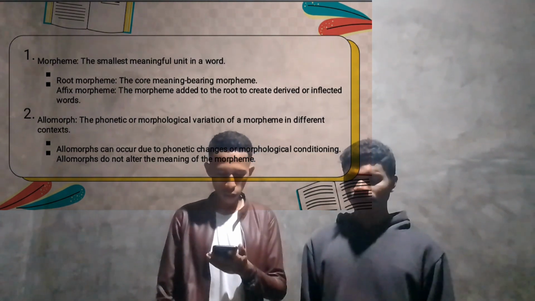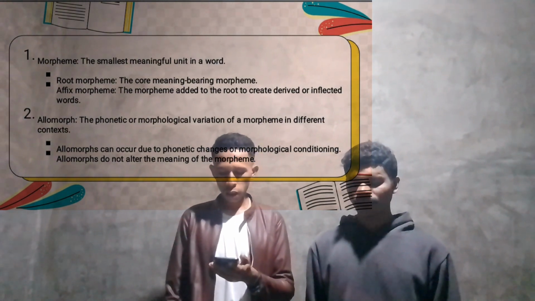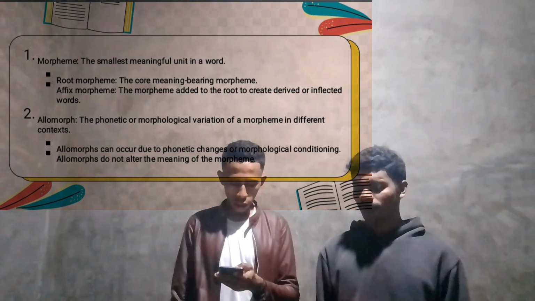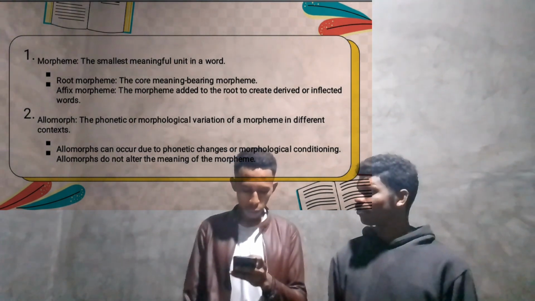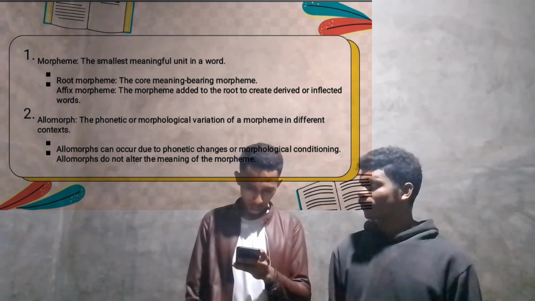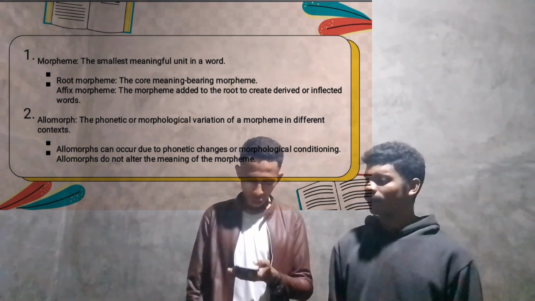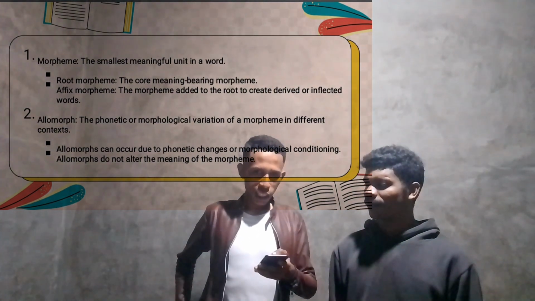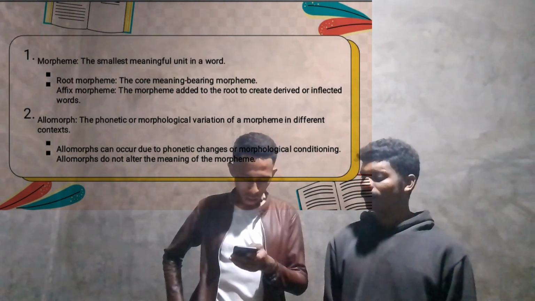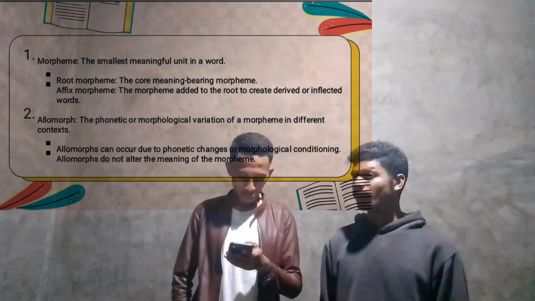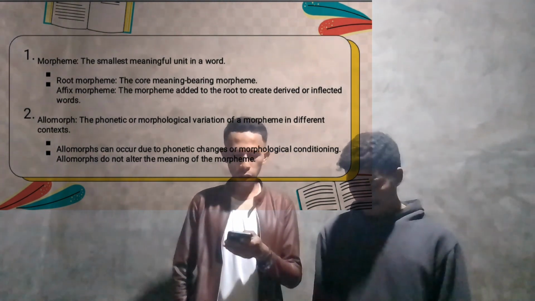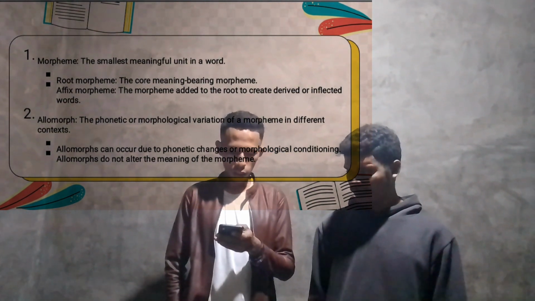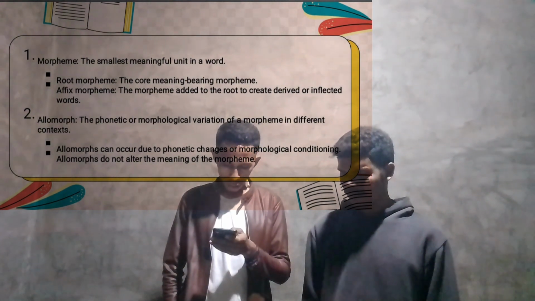Morpheme is the smallest meaningful unit in a word, and morpheme has two subtypes. The first one is root morpheme. Root morpheme is the core meaning-bearing morpheme, and the next is affix morpheme.